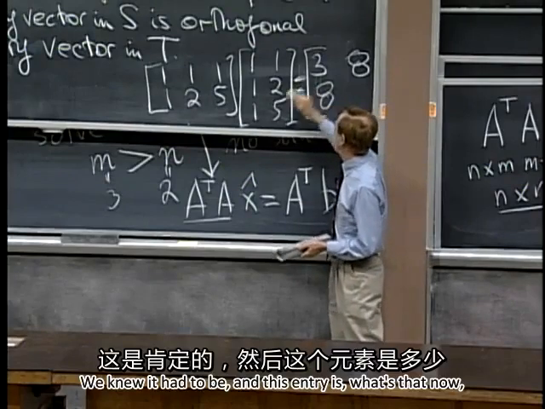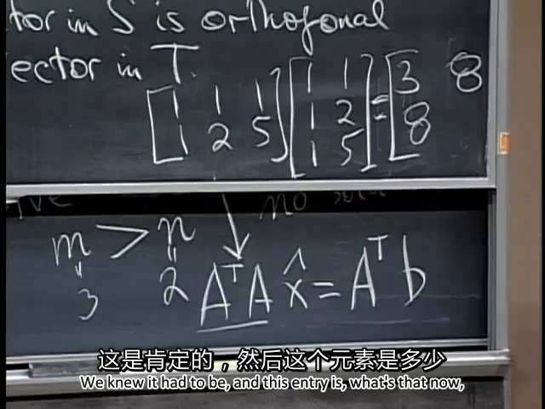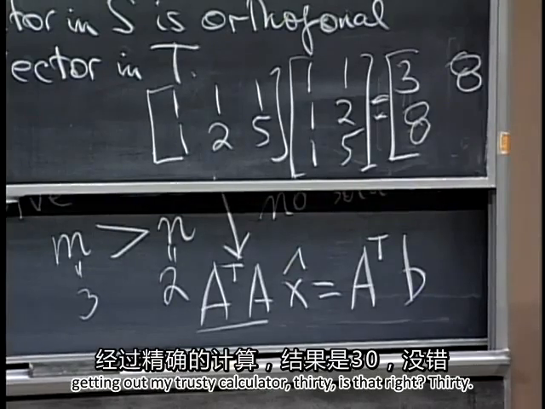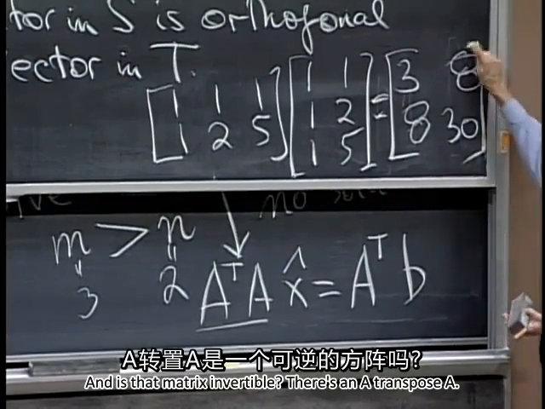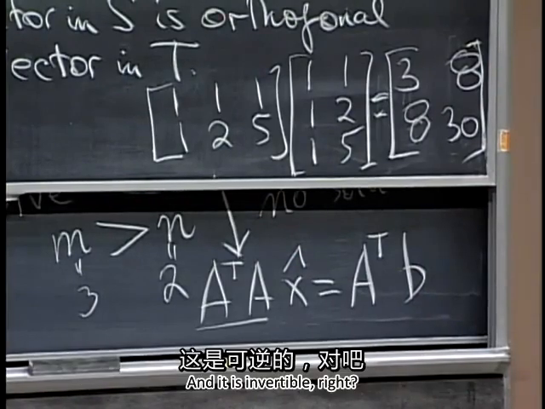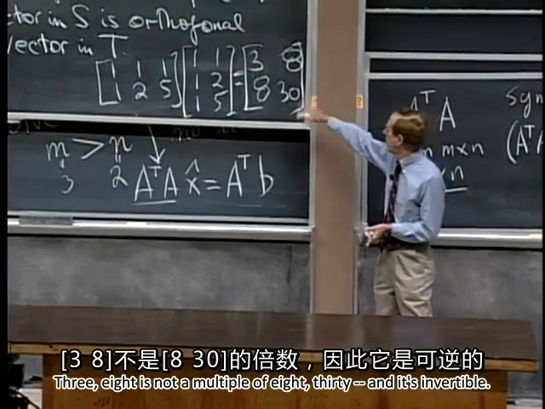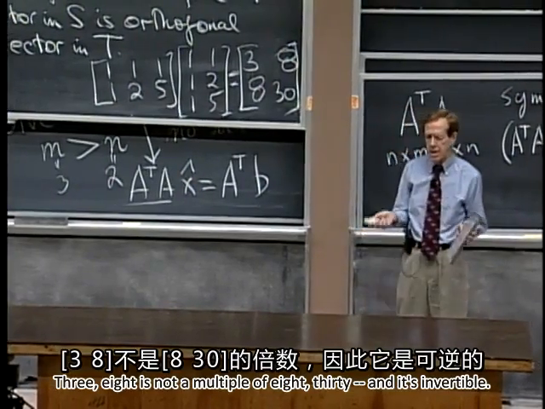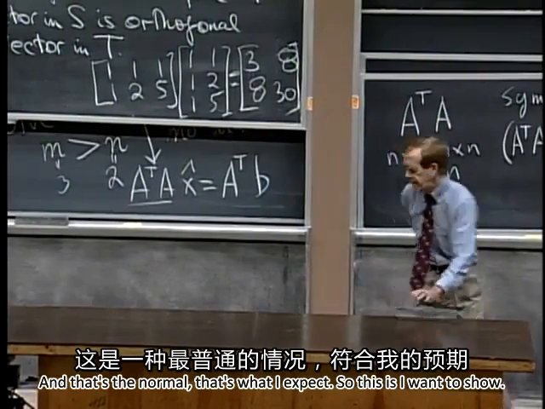We knew it had to be. And this entry is, what's that now? Getting out my trusty calculator. 30, is that right? 30. And is that matrix invertible? There's A transpose A. And it is invertible, right? 3, 8 is not a multiple of 8, 30, and it's invertible. And that's what I expect.